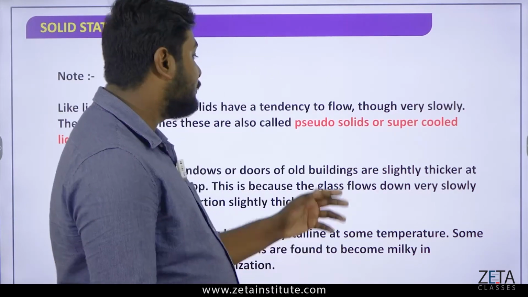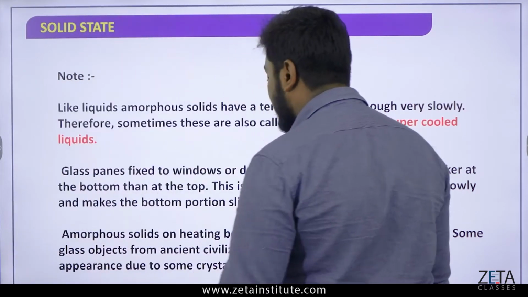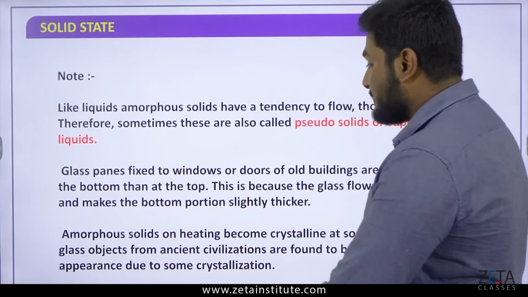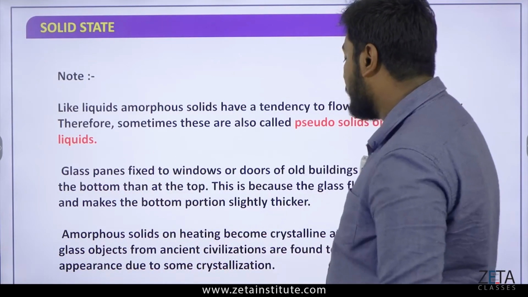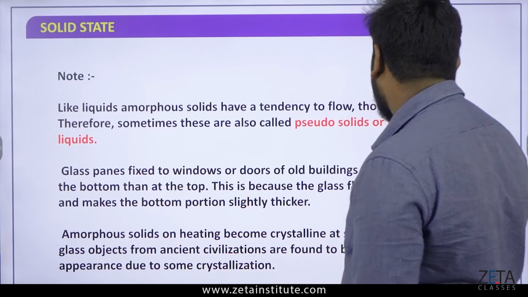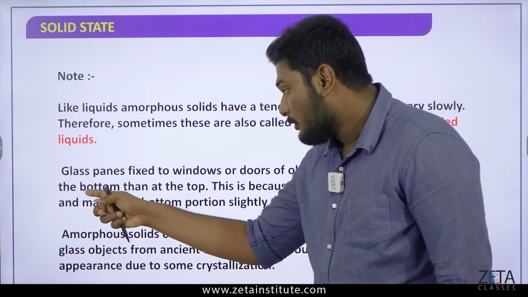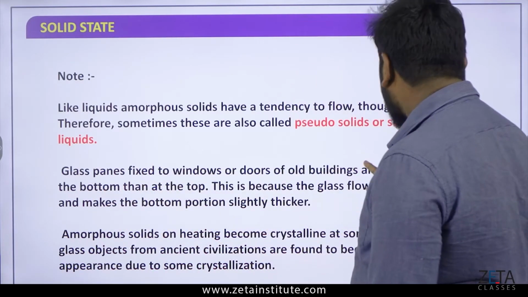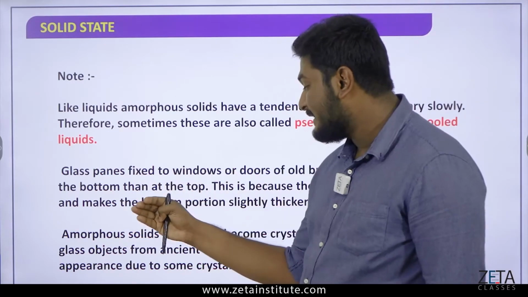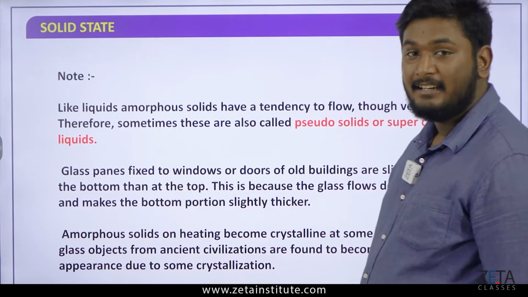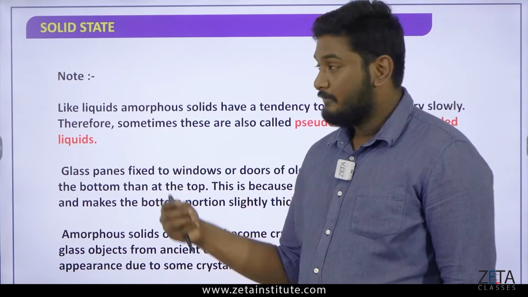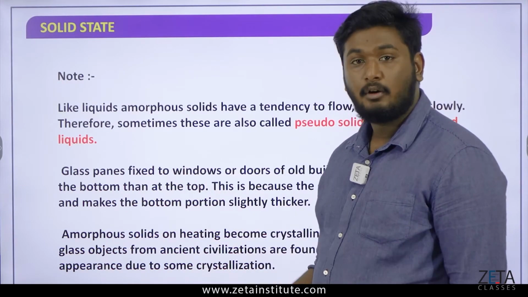That's why they are called pseudo solids or supercooled liquids. I'm reading again: glass panes fixed to windows or doors of old buildings are slightly thicker at the bottom than at the top. This is because the glass flows down very slowly and makes the bottom portion slightly thicker. We can call amorphous solids false solids or pseudo solids.